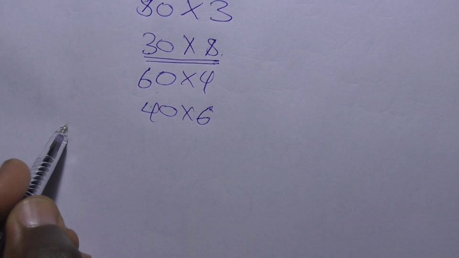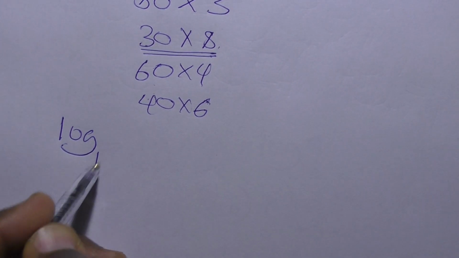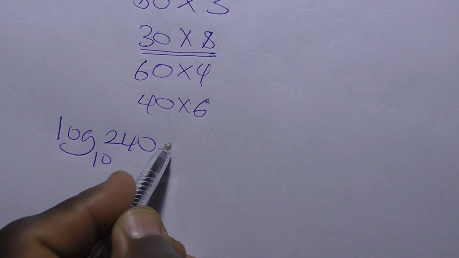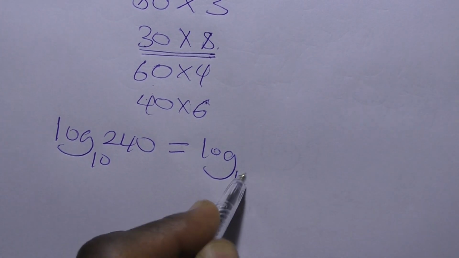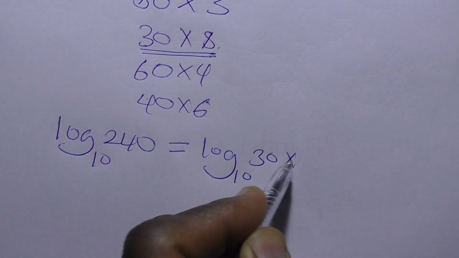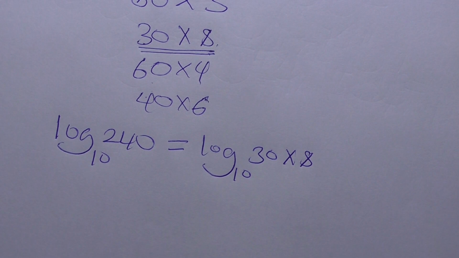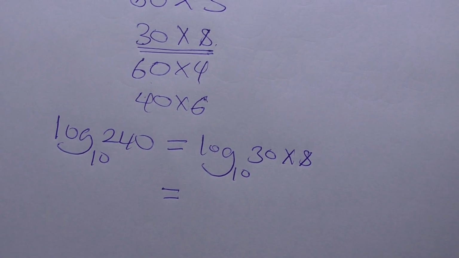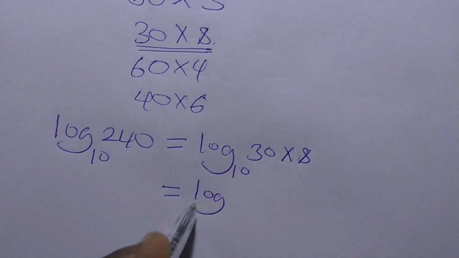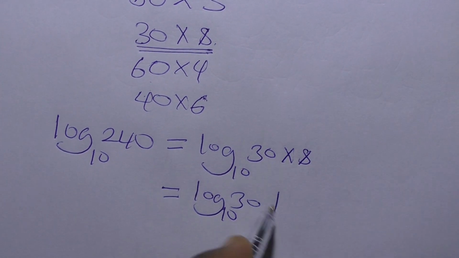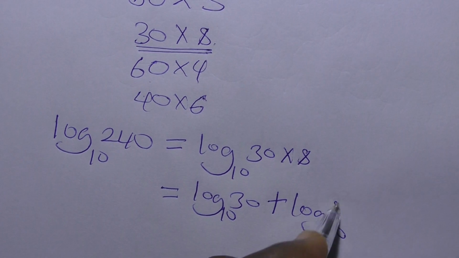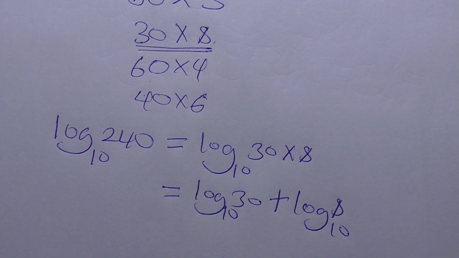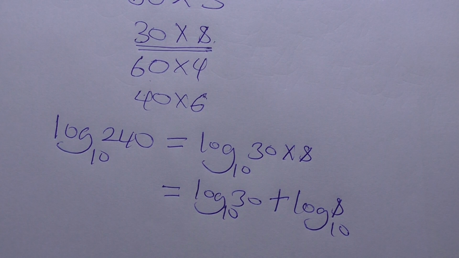That is to say, I will say log 10 of 240 equals log of 30 times 8, which means that this was log 10 of 30 plus log 10 of 8. Please, if you didn't watch the first lesson, then you are likely to get lost on the way.